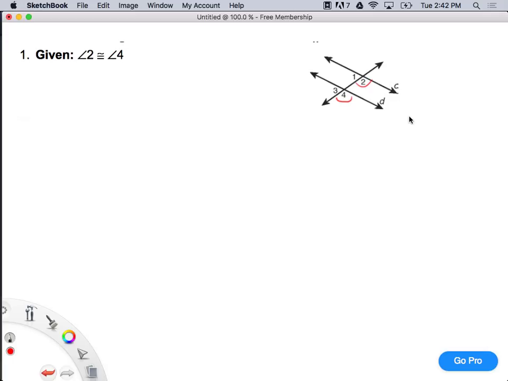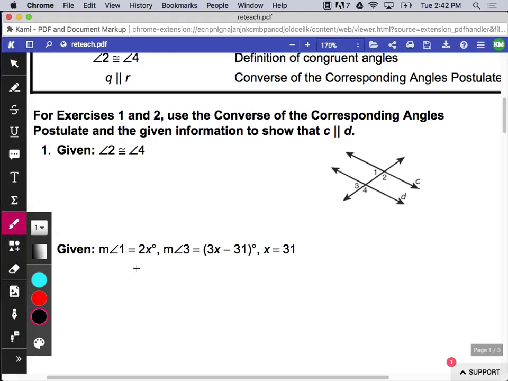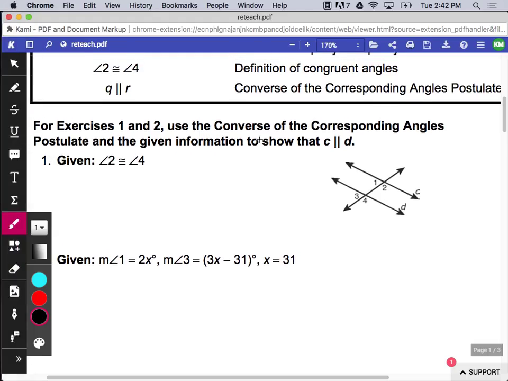Corresponding. They're on the same side and the same side. What's it asking me to do? Use the converse of the corresponding angles postulate and the given information to show C is parallel to D.